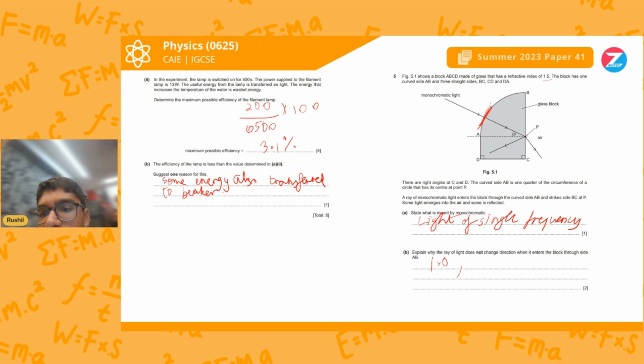And therefore, as a result, the angle of refraction is also 0. So that's why there's no change in direction, it just moves straight. As a general rule, for any curved surface, the light will enter perpendicular to the surface. So there is no change in direction.